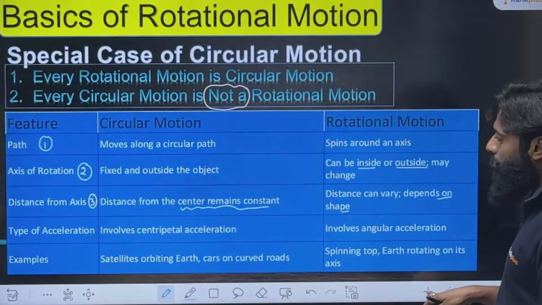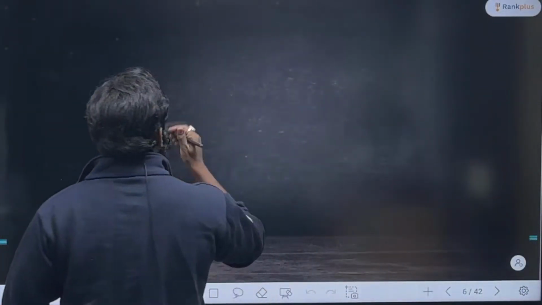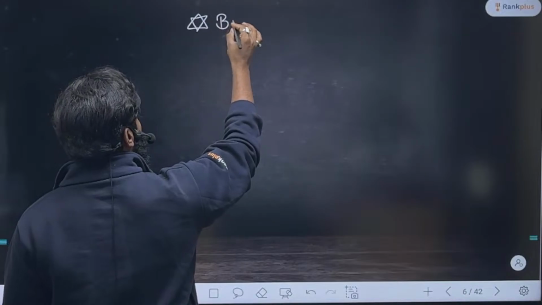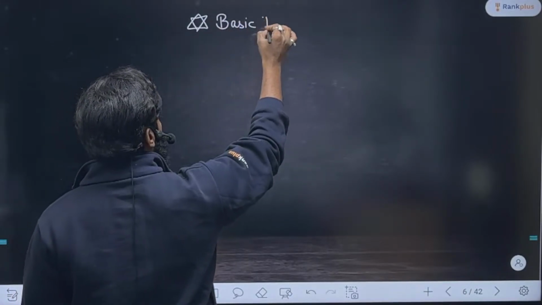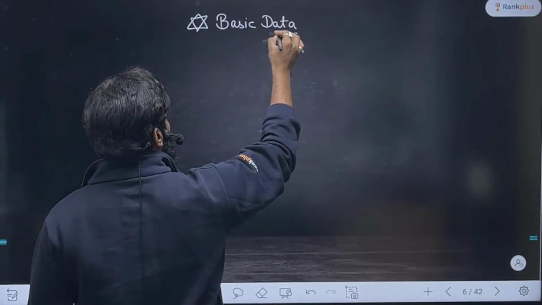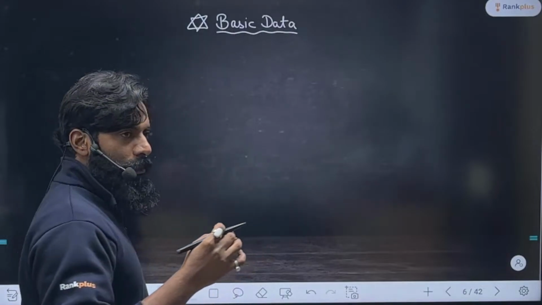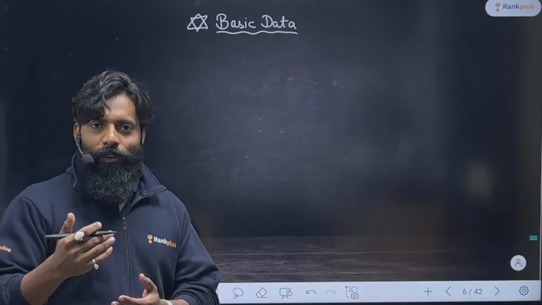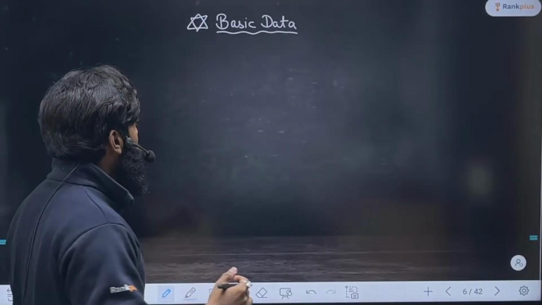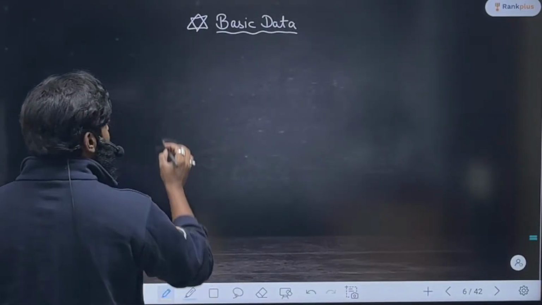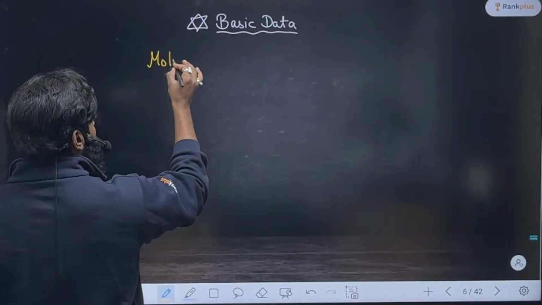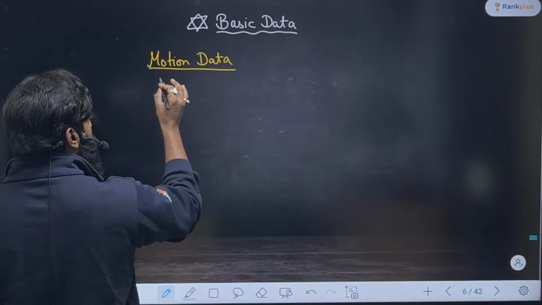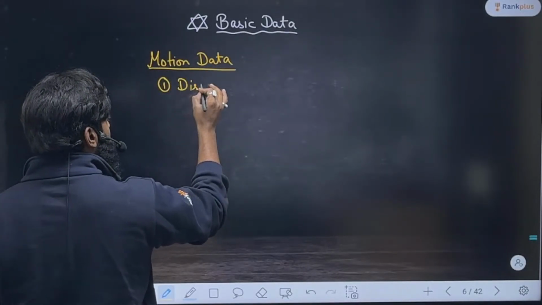Right now, we are more concerned about the basic data, the basic terminologies required to move forward when we are dealing with rotational motion. So first of all, we must understand that when we were studying motion, the data basically deals with the distance or the displacement.